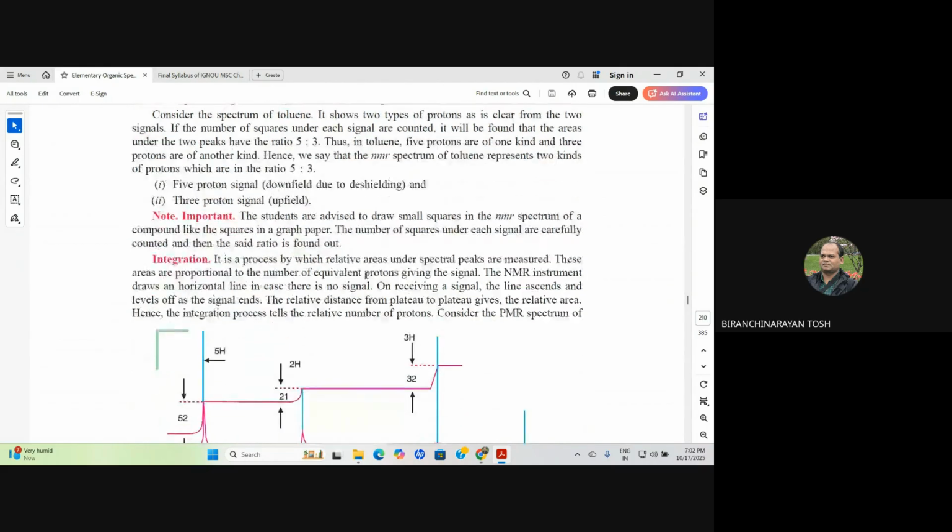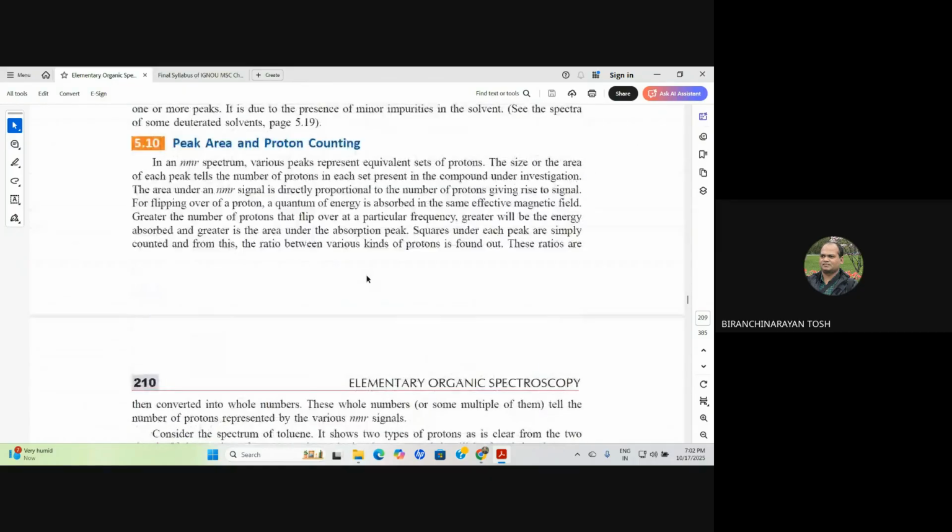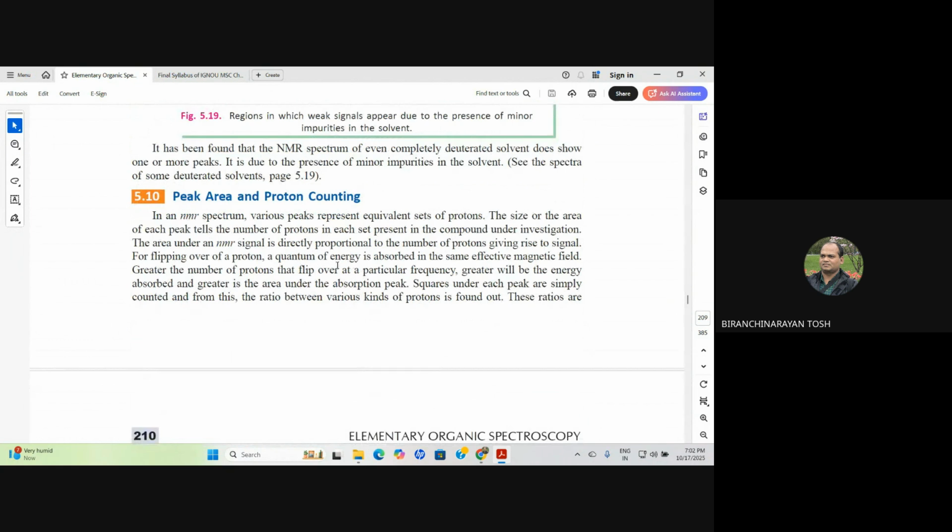So if you consider the spectrum of toluene, where it is given. In an NMR spectrum, various peaks represent equivalent sets of protons. The size or area of each peak tells the number of protons in each set present in the compound under investigation. The area under an NMR signal is directly proportional to the number of protons giving rise to the signal.